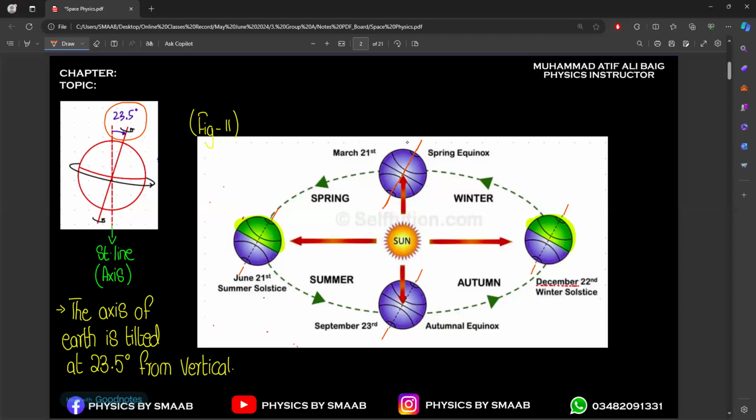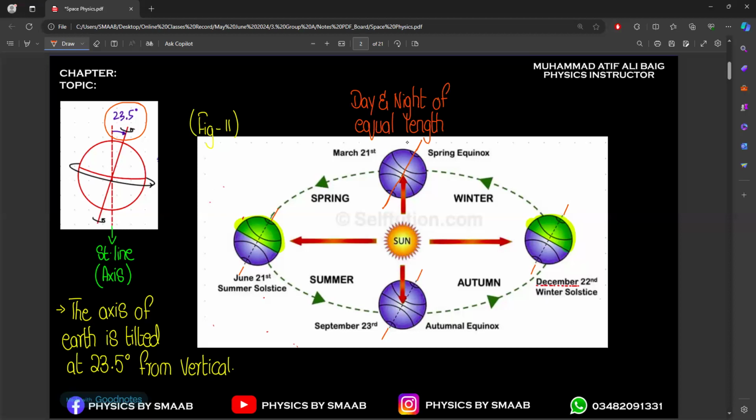So it means that around 21st March, the length of one day and one night is almost equal. So day and night of equal length. Because we identify from this elliptical shape and this tilted axis.